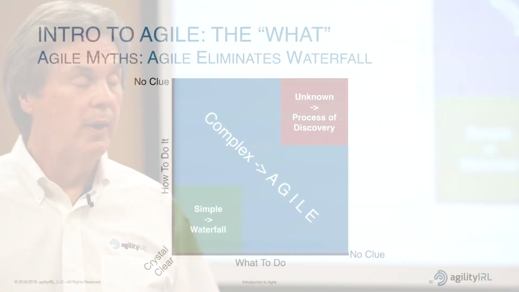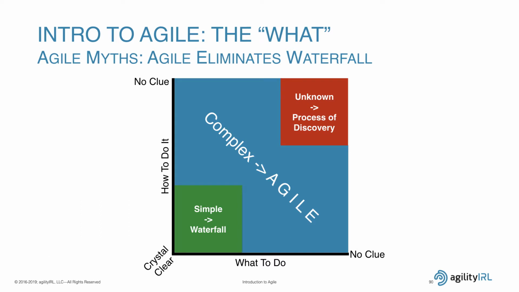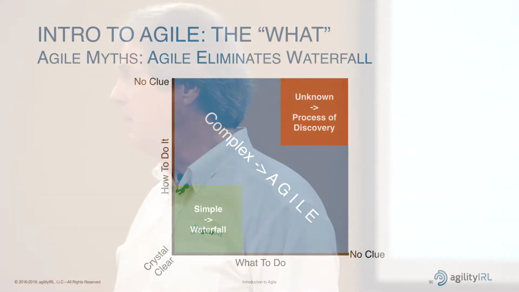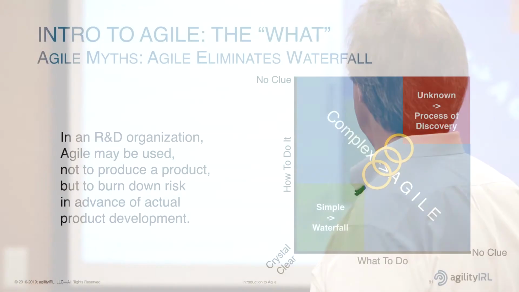You do it. The unknown, that's a process of discovery. This is, how do we put a man on the moon in 10 years? You know, that's a whole different set of rigor. But everything in between, everything that's complex, that's where Agile has a good fit. So it's not one size fits all.